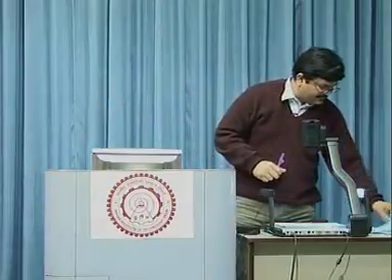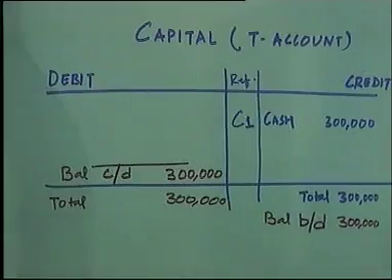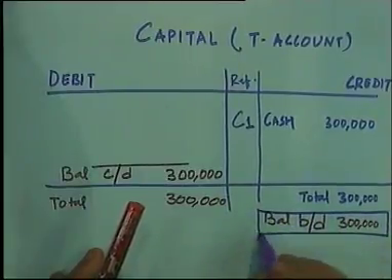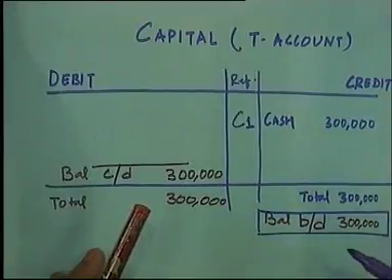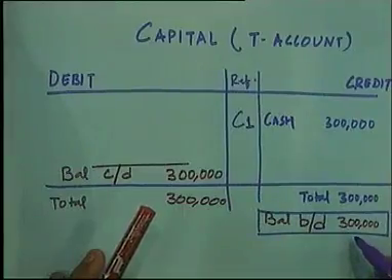So if you look at this trial balance, it shows under capital an amount of 300,000 in credit side. For capital, this balance brought down value is under credit side, so while preparing the initial trial balance, this will go under credit column.